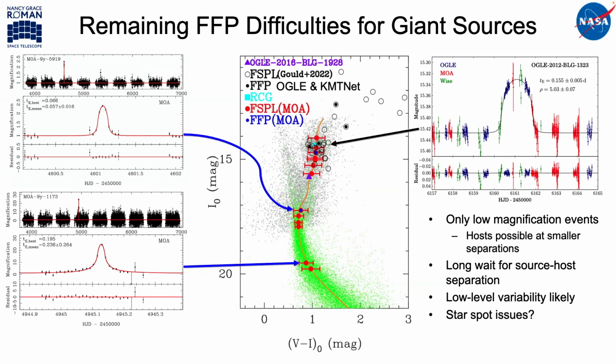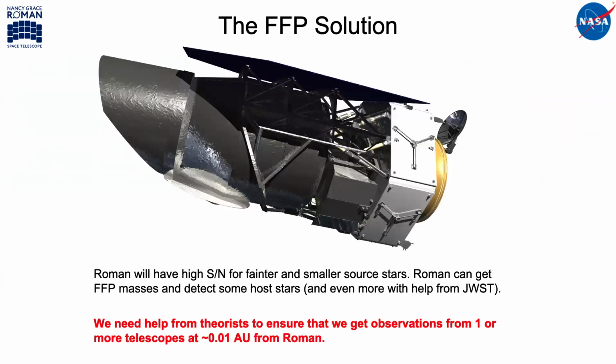If you just magnify a spot, the light curve has a shape that you would not model very well with a uniform brightness or uniform temperature source. The solution to that is Roman, where we're going to get these finite source effects for much fainter stars, a lot more of them, and fainter stars make it easier to find possible host stars.